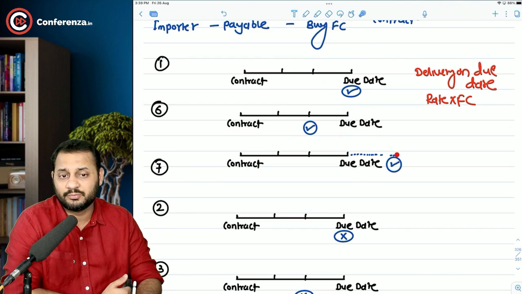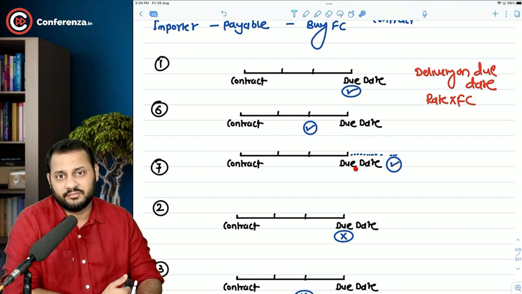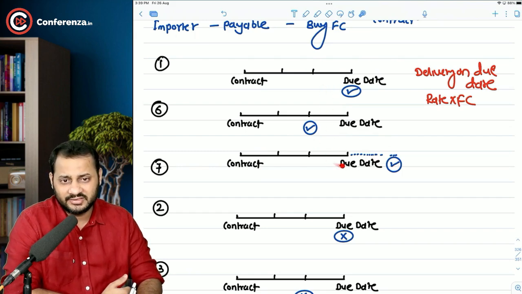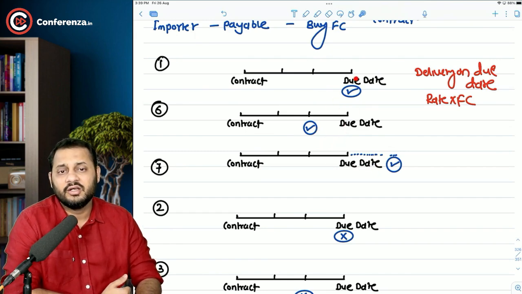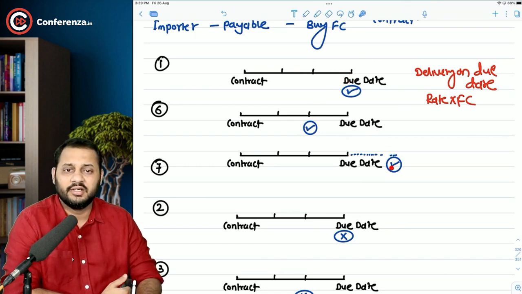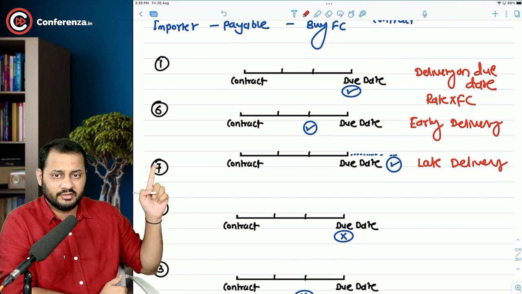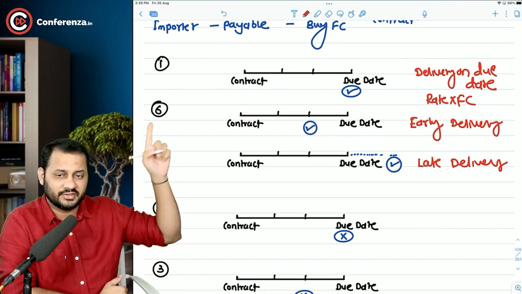If you are delivering, let's say, 1 month after due date, it will be called late delivery. So all the three transactions are delivery on due date, early delivery, late delivery. This is late delivery. Now this will also be discussed later at point number 7 after 6.